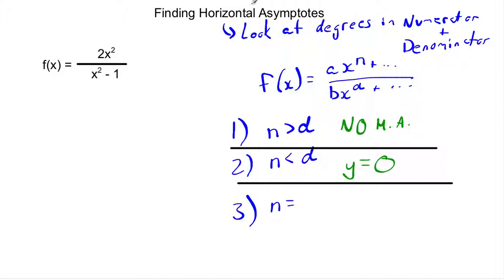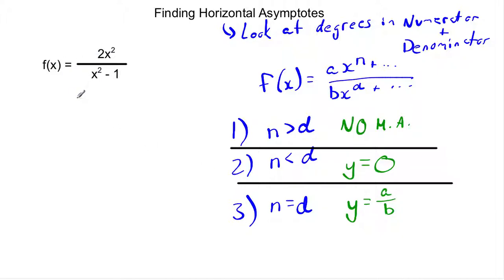If n is equal to d, so if the two are equal to each other, such as in this example, then what I do is I take the leading coefficients and divide them. So here the leading coefficient in the numerator is a, the leading coefficient in the denominator is b. So what I do is a divided by b, and it gives me this fraction.